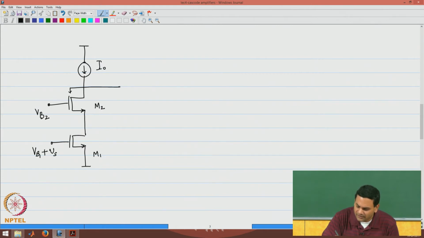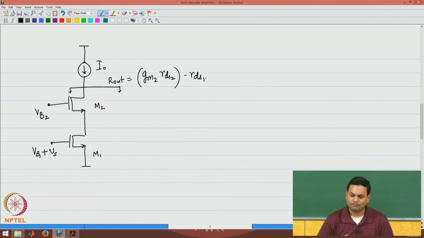But let us look at the output resistance of this circuit. As we have seen, the output resistance of this circuit is nothing but GM2 RDS2 times RDS1. Now, what happens to the signal current?